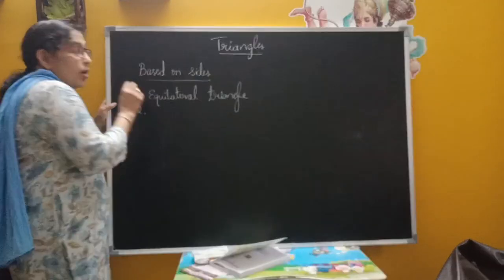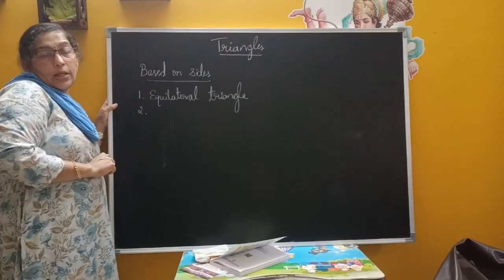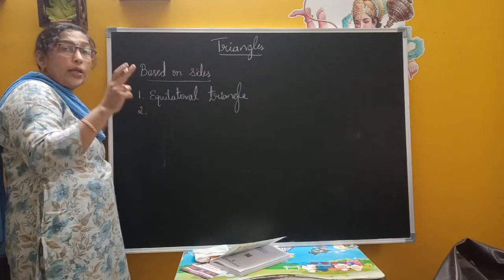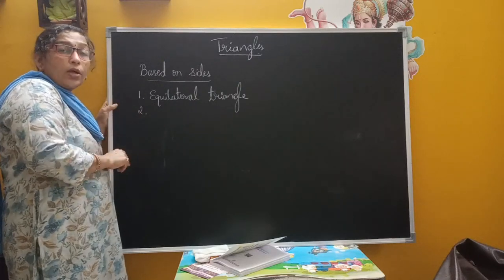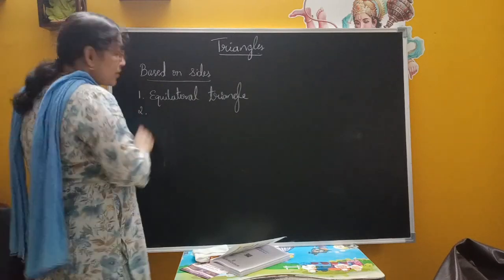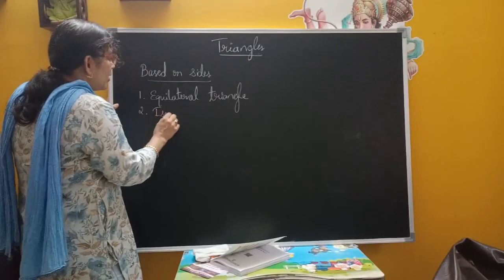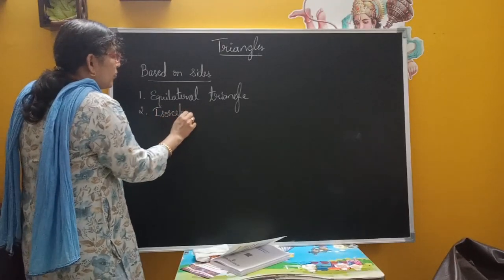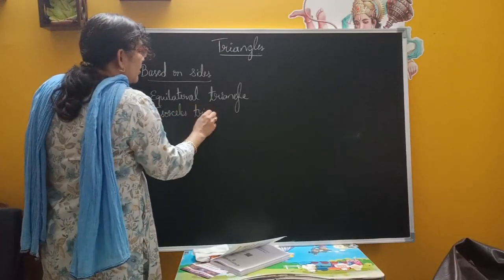If only two sides are equal in a triangle, then we call it an isosceles triangle.